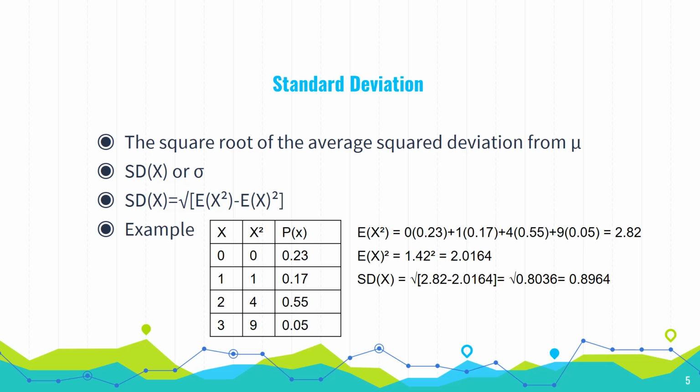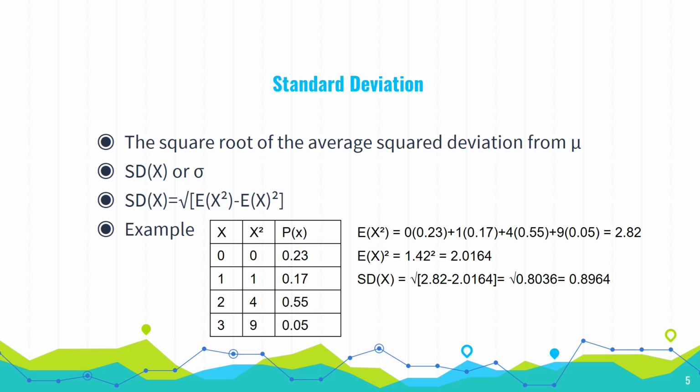Where it starts to change, when X takes the value 2, X squared will be a 4. And when X is 3, X squared is 9. But the probabilities remain the same, because there's just this correspondence. X squared will take the value 9 with a probability of 0.05, because it happens precisely when X is equal to 3.